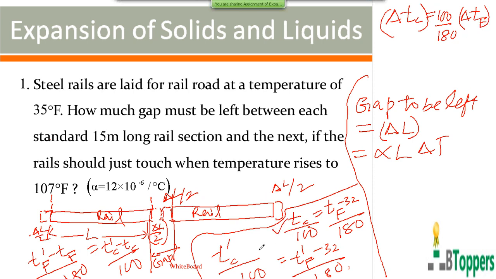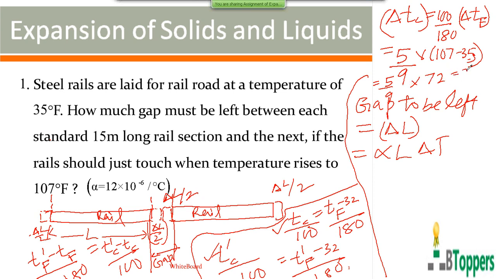Here when you subtract this equation from this equation, 32 by 180 gets cancelled. So change 100 by 180, you can write as 5 by 9, cancel 20. Change in temperature on Fahrenheit scale is 107 minus 35. So 5 by 9 into 72.